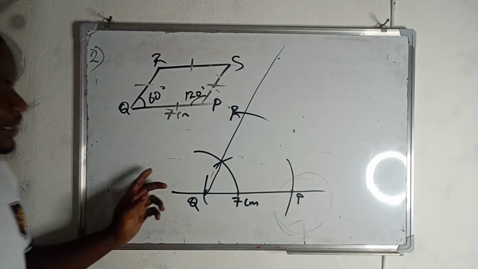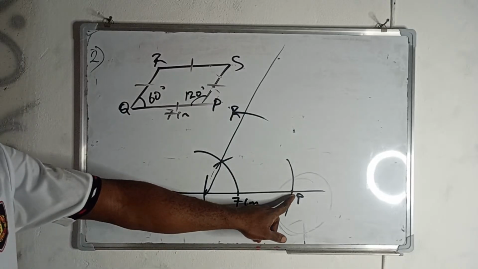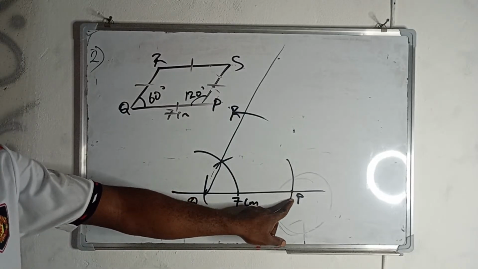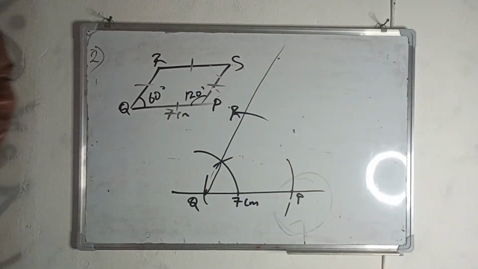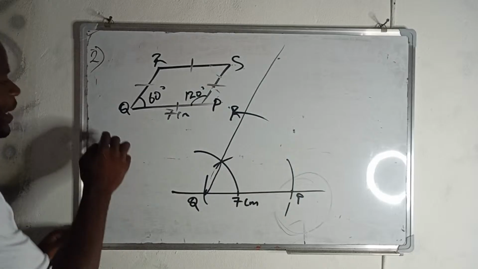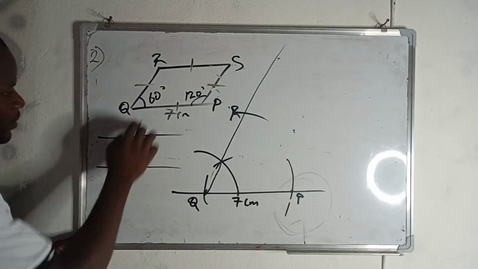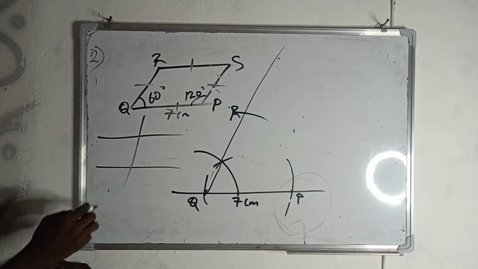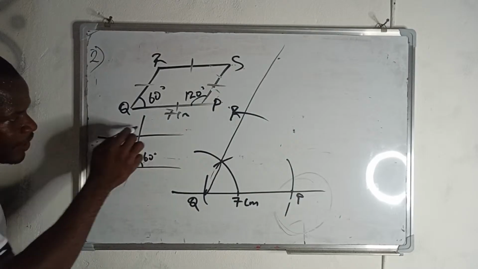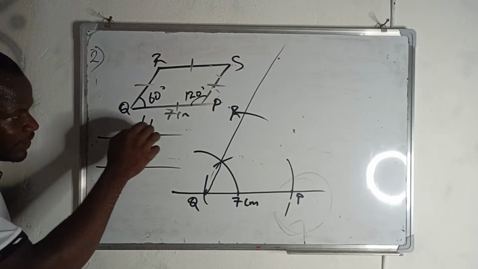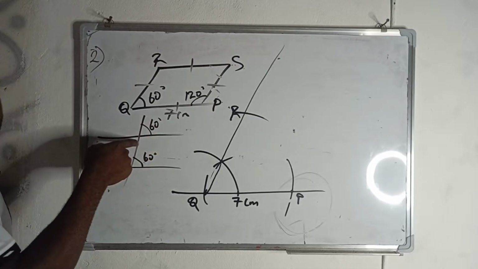So you can decide to construct 120 degrees here, then take it up, or you can decide to apply the intercept theory. Remember here, if this is 60 degrees, this will be corresponding to it. Corresponding angles are equal. Here will equally be 60.